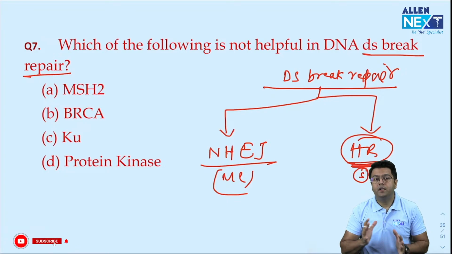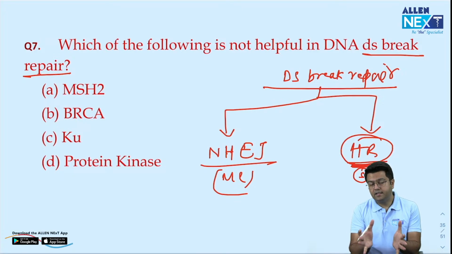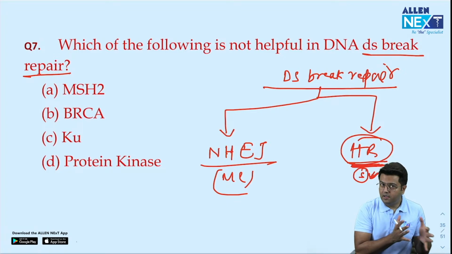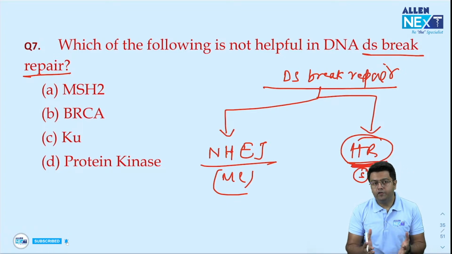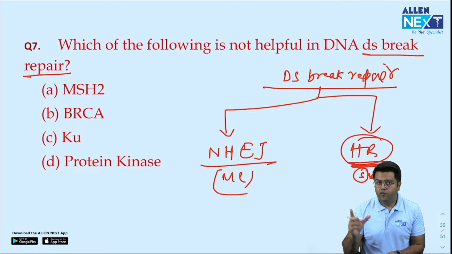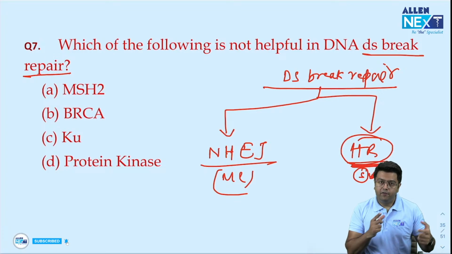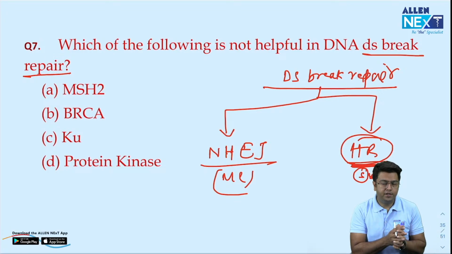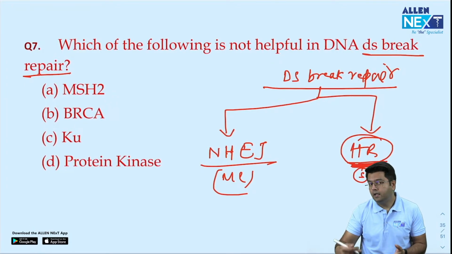So the factors used in homologous repair are unable to access the homologous chromosome for the repair of the deleted chromosome. We have two copies of each chromosome, one from father, one from mother. These are called homologous chromosomes, and to repair one copy of the chromosome, I need the information from the other chromosome. But if the other chromosome is already tightly packed, I can't access that, and that's why homologous repair is very less commonly present.